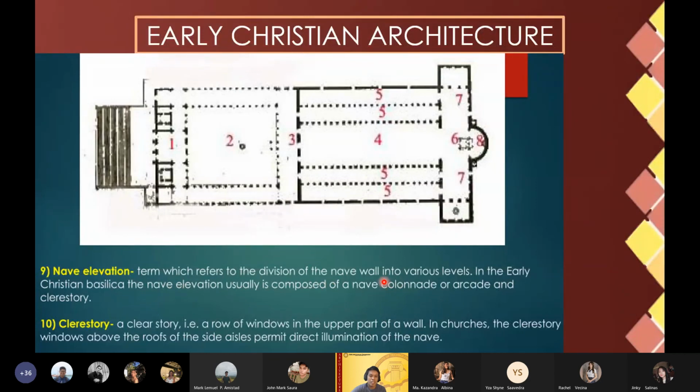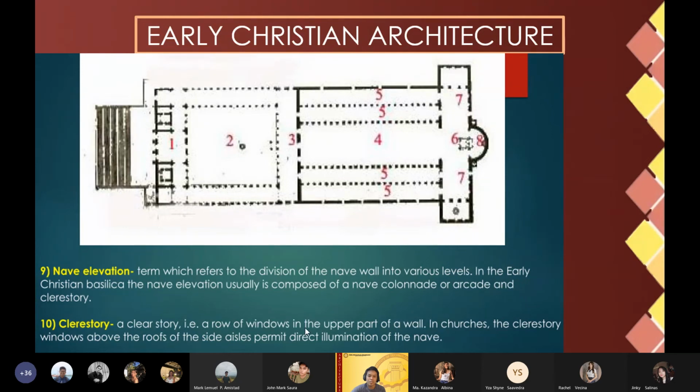In the early Christian basilica, the nave elevation usually is composed of a nave colonnade or arcade and clerestory. So where is the clerestory? These windows on top. The main purpose of the clerestory is to provide sunlight, to provide light within the interior of your church.